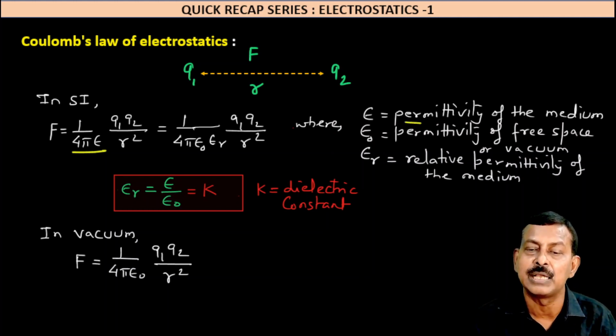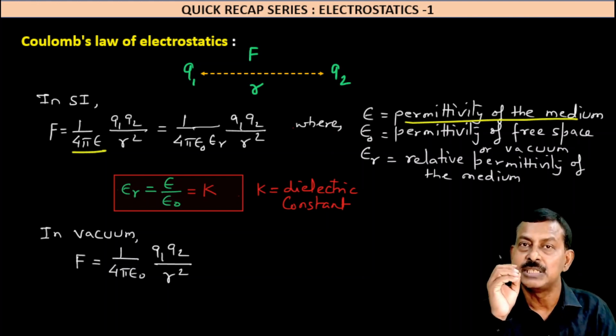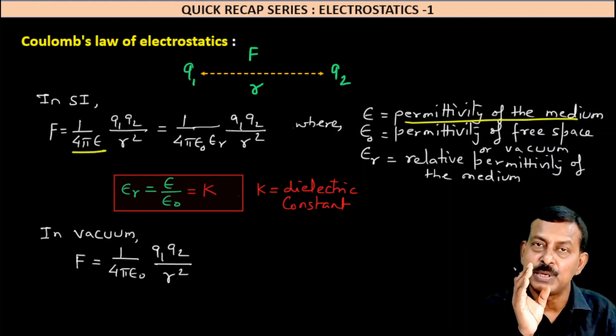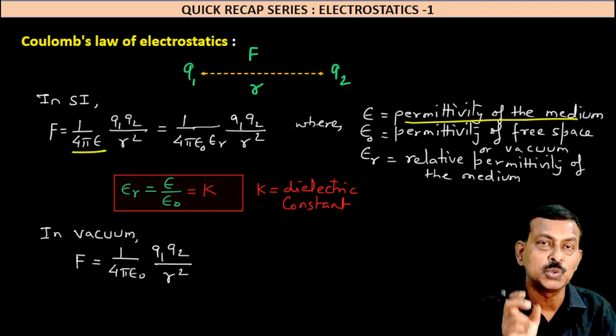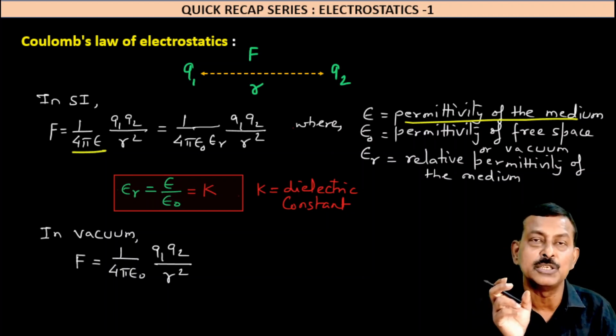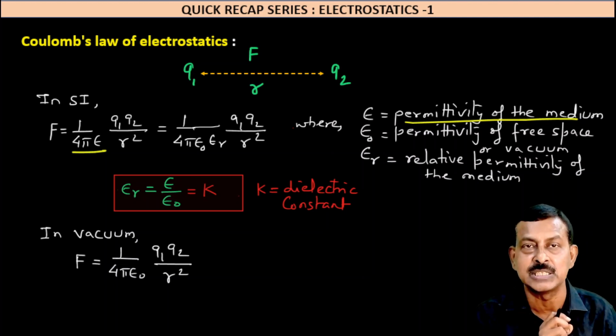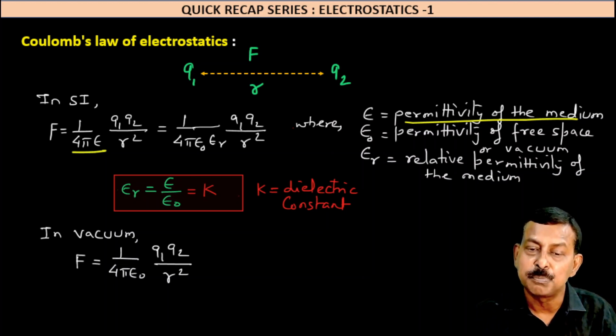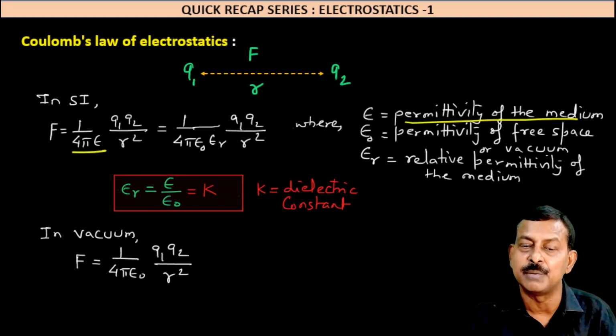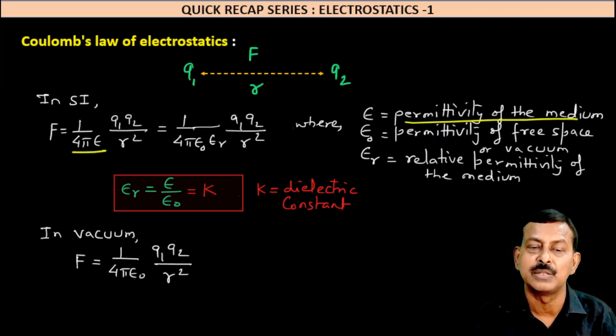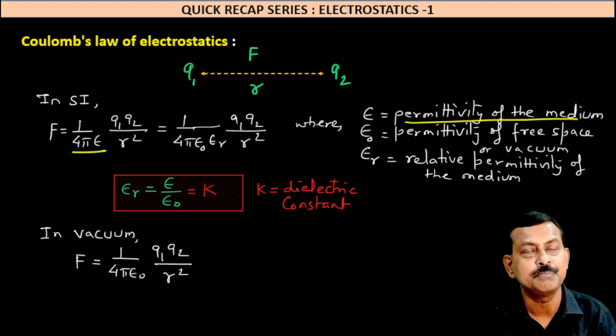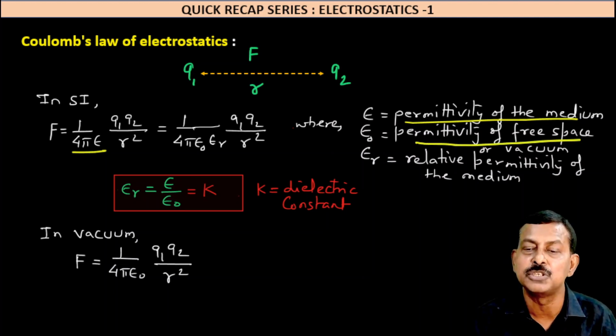Epsilon is called the permittivity of the medium. This is the term which says how the force between two charges gets changed if you introduce a medium between the two charges. Now this permittivity of the medium we can also express as epsilon naught into epsilon r, because epsilon r we call the relative permittivity of the medium, whereas epsilon naught is the permittivity of free space or vacuum.